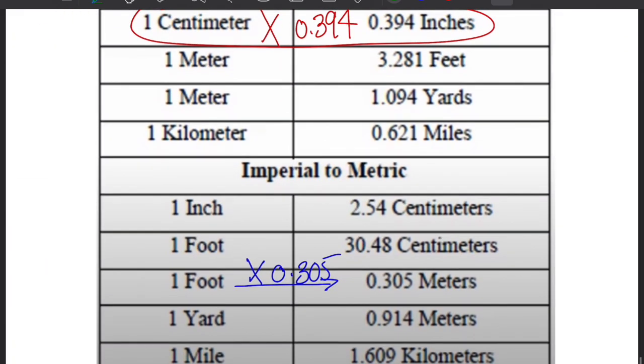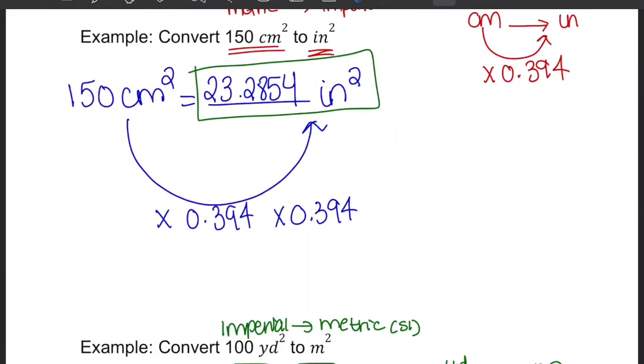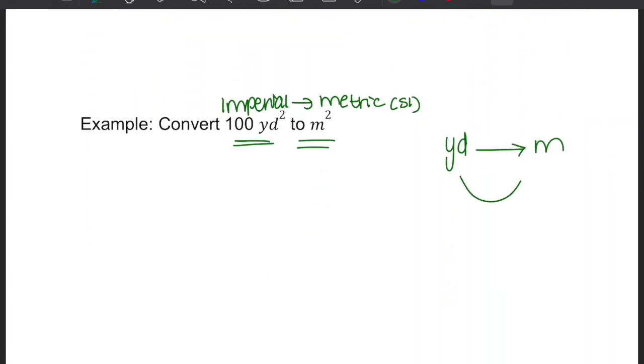Yards to meters, here we go. And to convert, I have to multiply by 0.914, because 1 times 0.914 gives me 0.914, okay? So times 0.914.